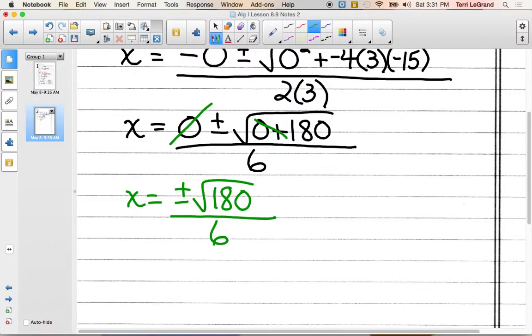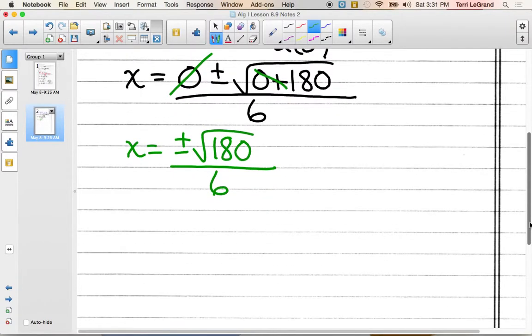Well, in reality, we should be able to just do this on our calculator one time, and we would have the positive of it and the negative of it. So what we're going to do is we're going to remember we have a positive, negative. So we have x equals positive, negative, and we're going to put in our calculators.